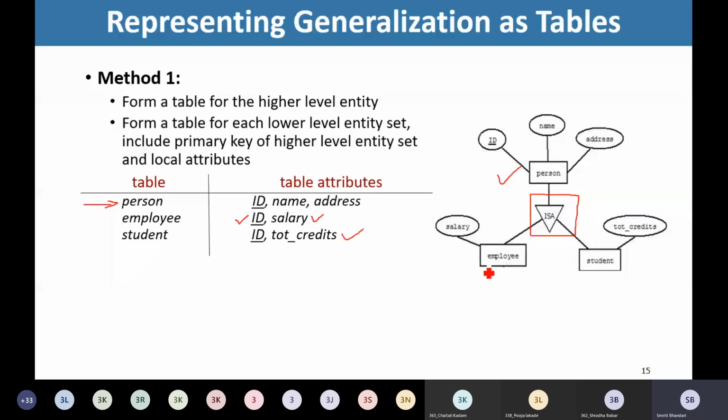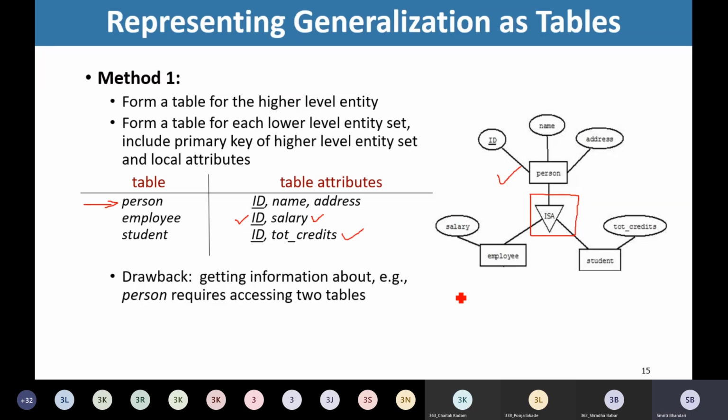In addition, I will have separate tables for each lower level entity set along with its local attributes. What I need to do is add the primary key of the higher level entity set into these lower level entity set tables.